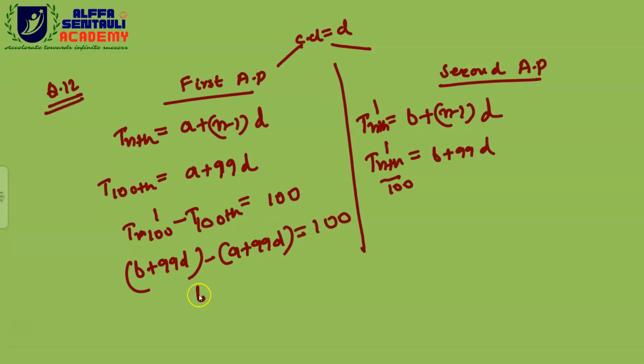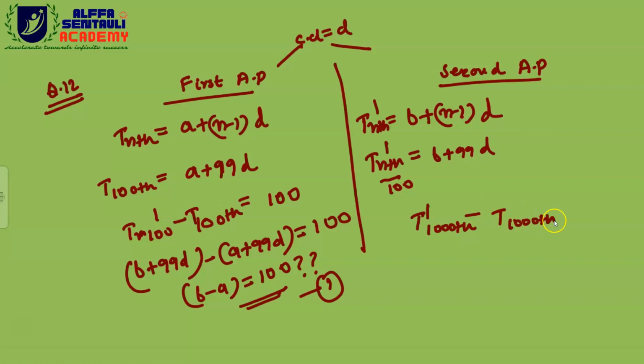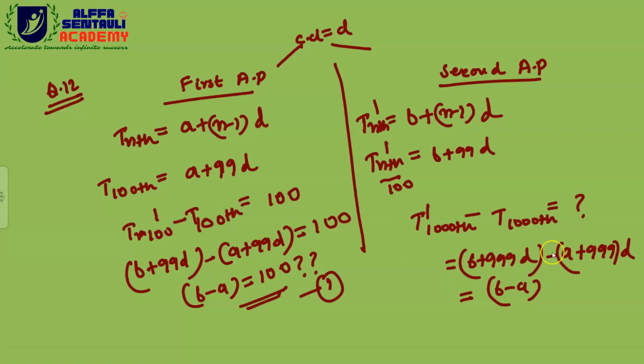The 99d and 99d get cancelled out, so b minus a is 100. Now they are asking for the 1000th term difference. T1000 dash is b plus 999d and T1000 is a plus 999d. If you subtract, b minus a remains, and the 999d terms cancel because the common difference is the same. Since b minus a is 100, you get the answer as 100 only.